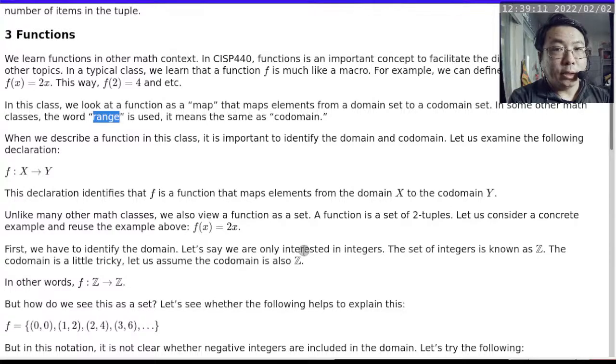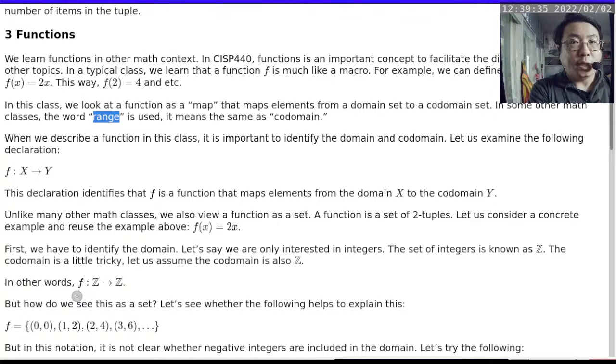So what I'm going to do is show you an example. I'll show you an example of f of x is 2x, but we specifically want to use the set of all integers as our domain as well as our codomain. This funny looking Z here is the symbol for the set of all integers.